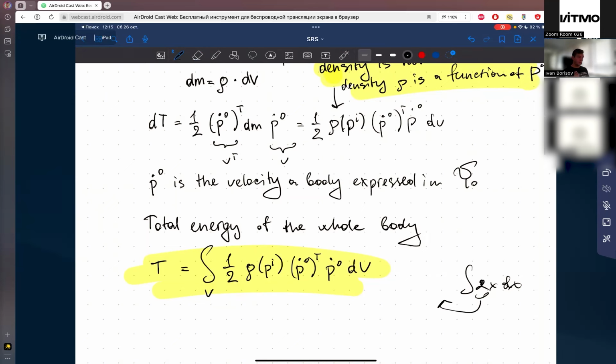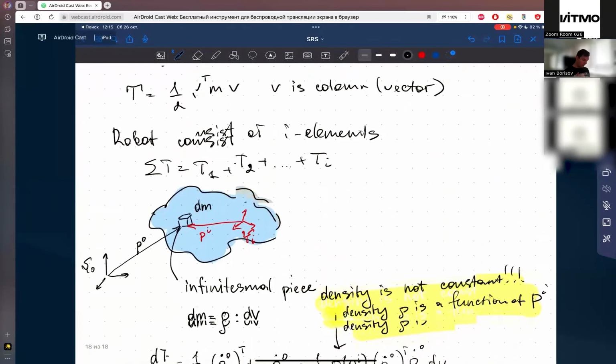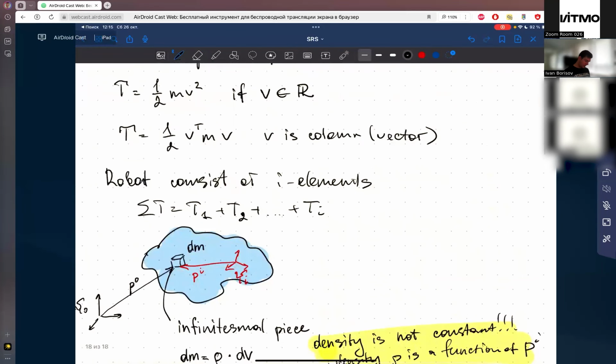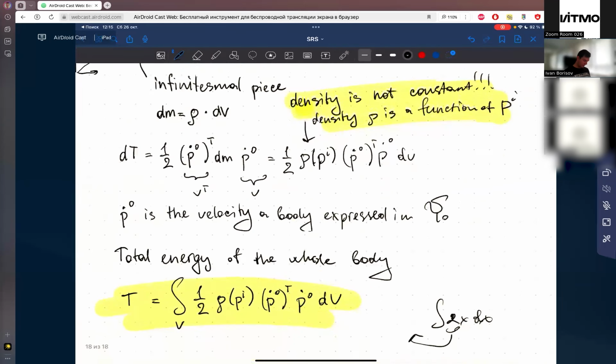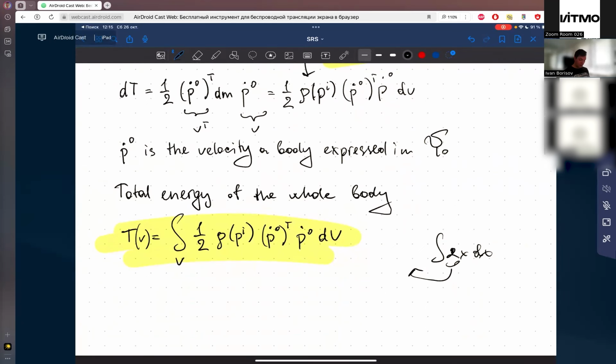Yes. What will be constant for a rigid body? Distance between 2 points. I'm sorry? A distance between 2 points. Distance, okay. Is it helpful for us? Because look, kinetic energy is a function of velocity, right? So I can write here that T is a function of velocity.